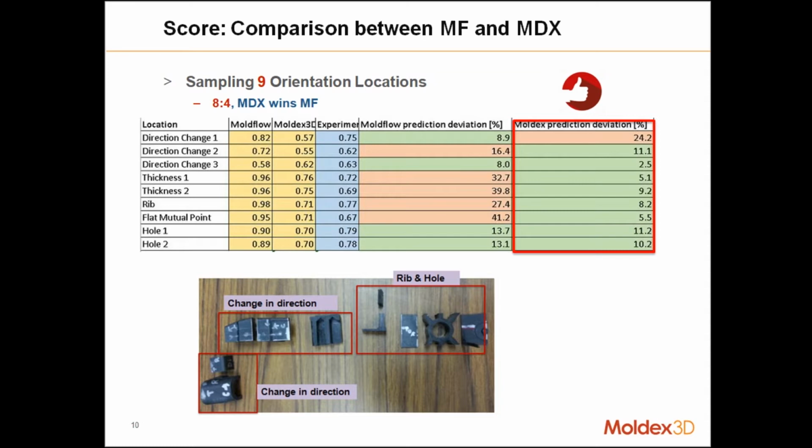As you can see, in Moldex3D the fiber predictions are 8 of 9 passed, which also shows that this is quite a successful story for us, proving that our fiber orientation prediction is very accurate compared with other software.